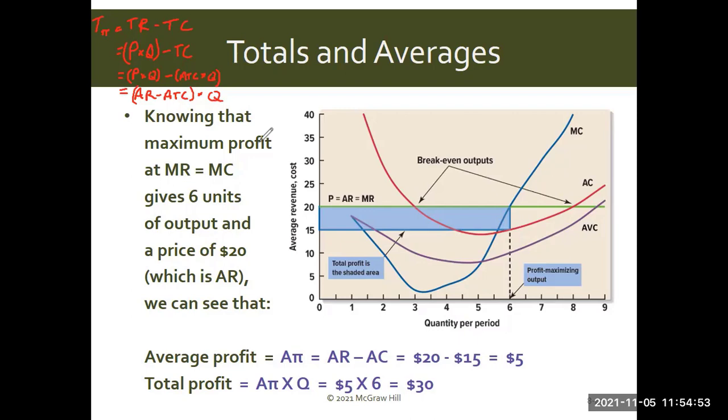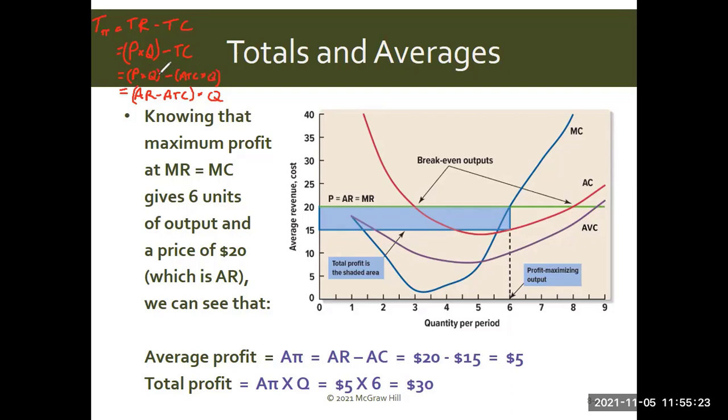First, up in the top left corner, if you recall, total profit, or T little pi, is just total revenue minus total cost. So we can rearrange this. We know that total revenue is the price of something times the quantity sold, minus total cost. That's still total profit. And further, if we break down total cost, from its formula, go back and look at chapter 6, that's average total cost times quantity.